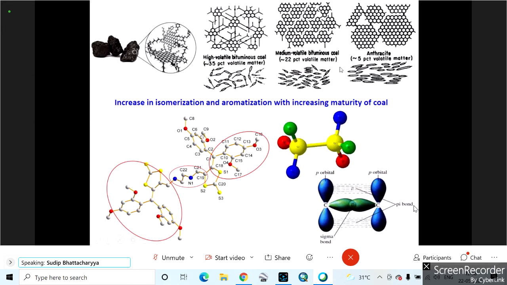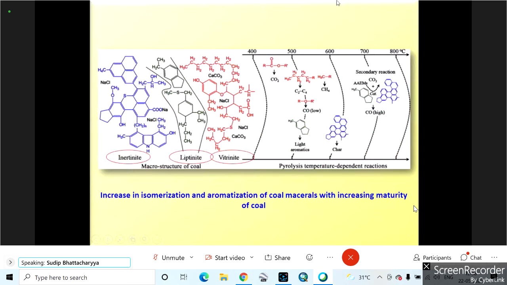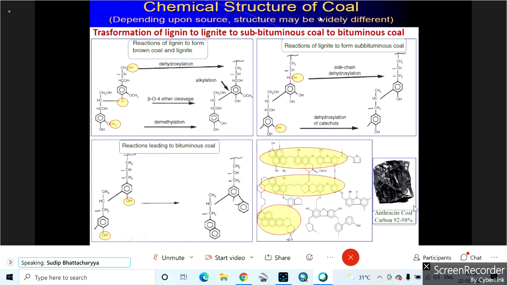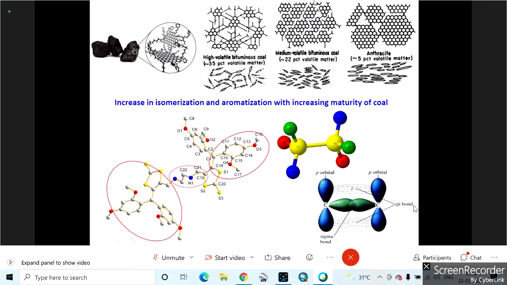and this double bond will give you a single bond chain. That means, what I want to show you is that coal is like this macromolecular structure, with a number of aromatic and aliphatic rings. But when rank increases more and more, rank increases towards this direction, we are getting more and more aromatization over here.